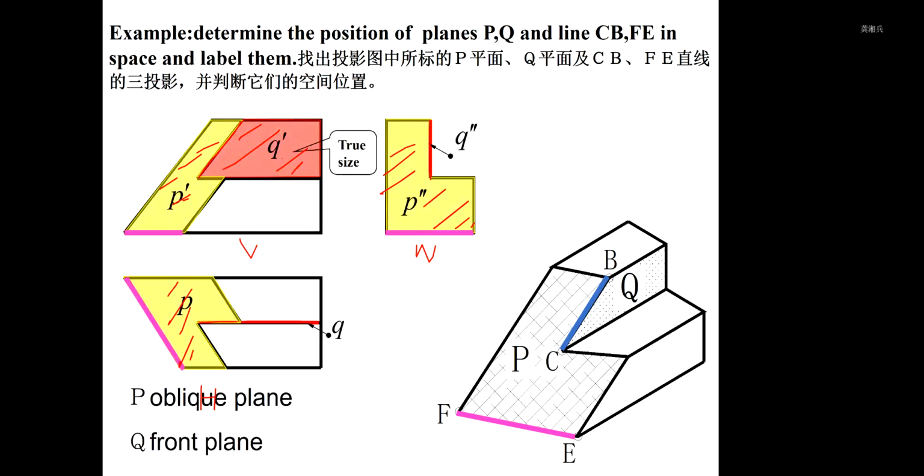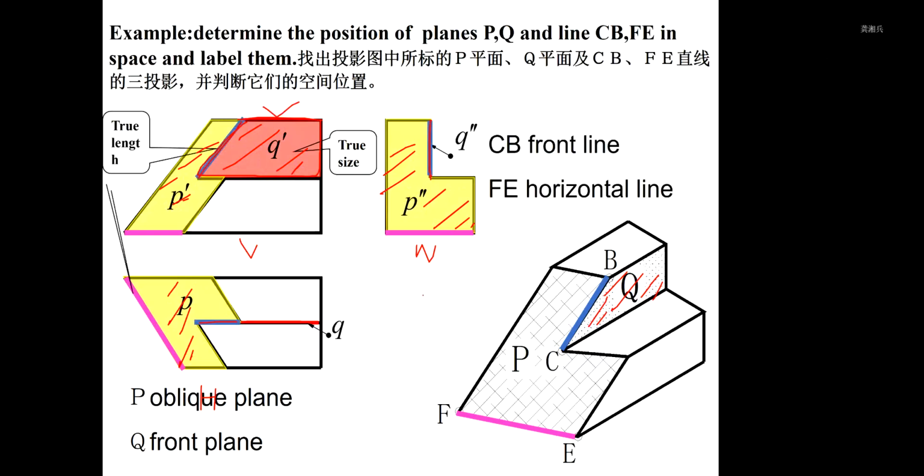This is a true size because it's a parallel one. So you can use this. Because this is a parallel one, you can just name the length. Then if you do the construction, you can know the shape from this picture. So this is Q. For BC, it is there, and there.